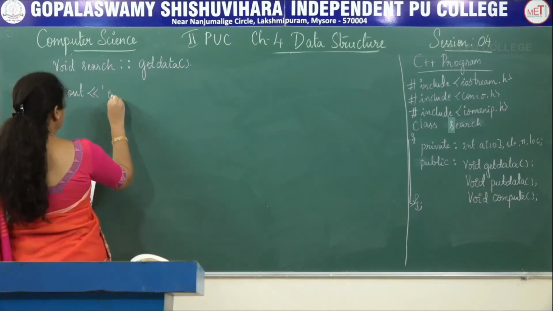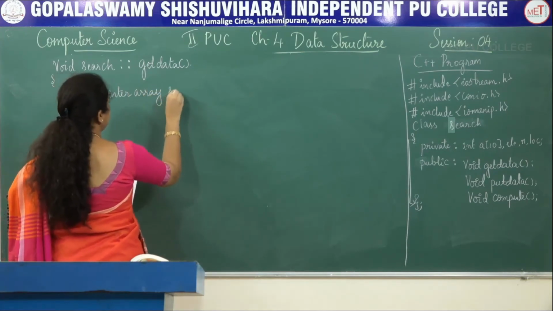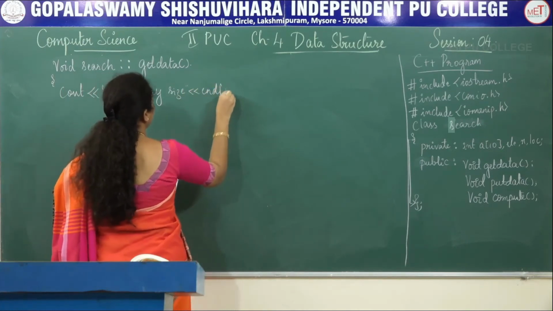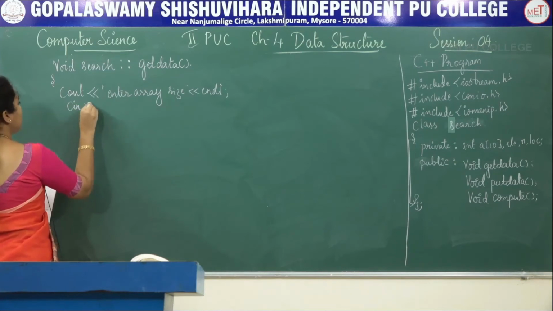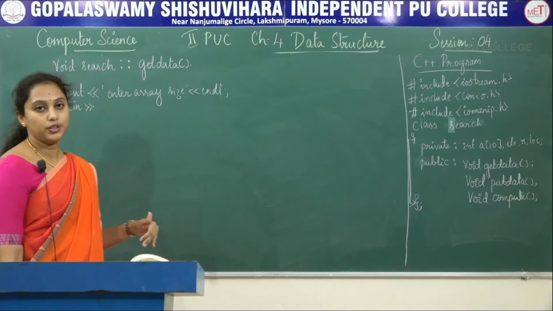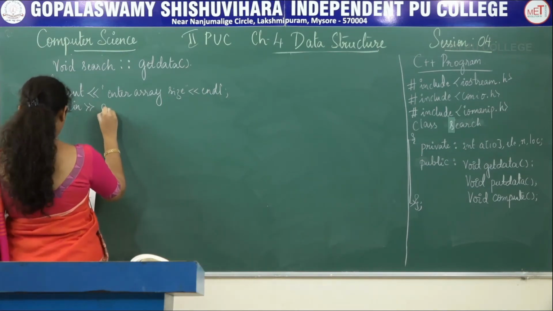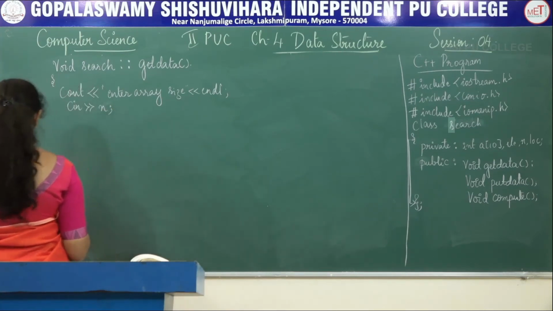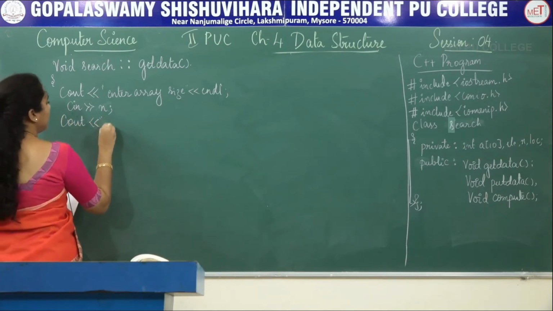Cout enter array size. So cin is used to accept the value from the user. So cin n. Next, enter the array elements.